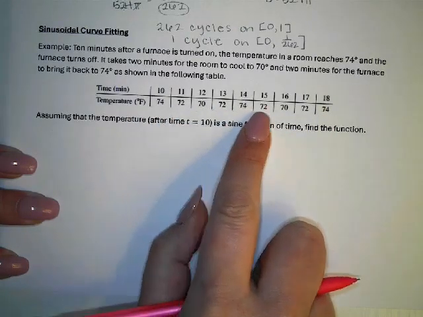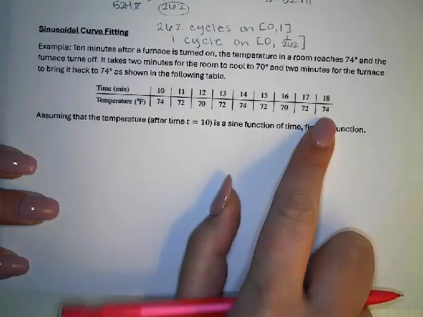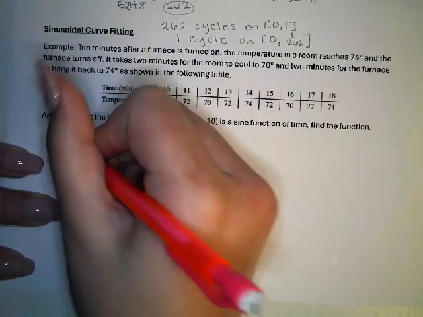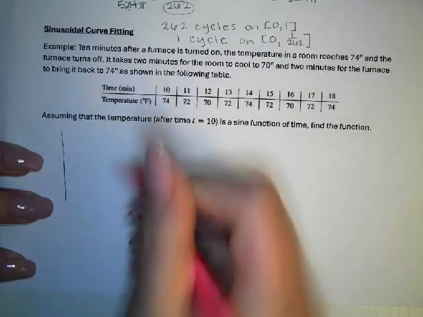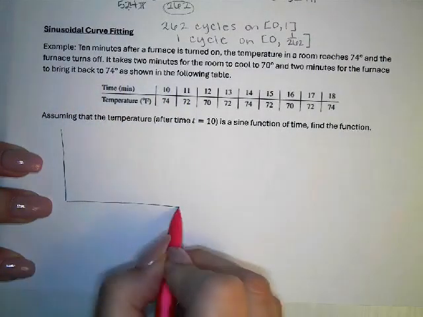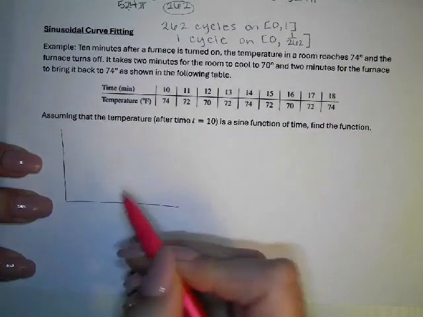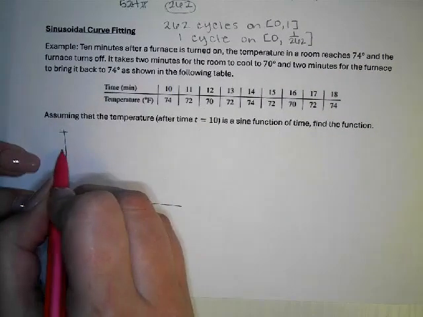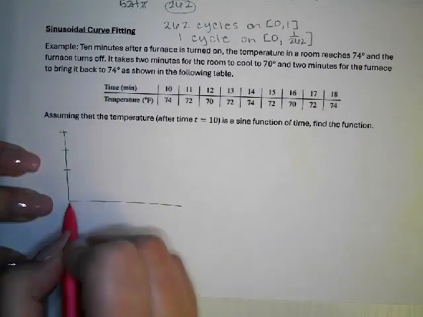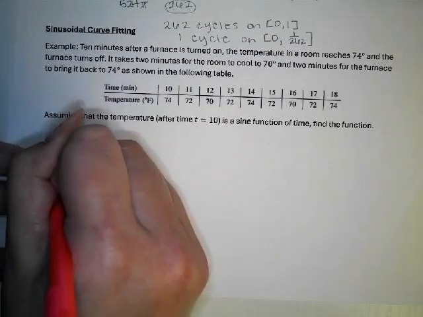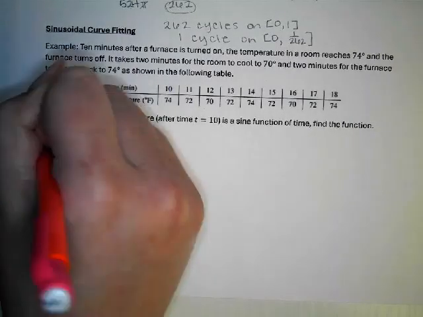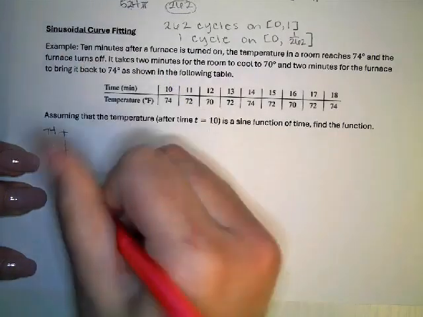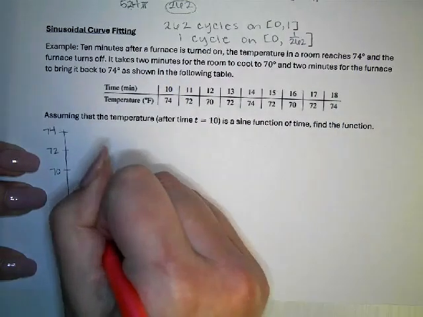So first I'm going to draw a picture of this information so I can appreciate what it looks like and see that periodic cycle. It doesn't need to be scaled perfectly, but I want to see the 70, the 72, and the 74. So we're starting here at 10 minutes, and I'm going to just do a few of them. So 10, 11, 12, 13, 14, 15, 16. We'll see how far I need to go.